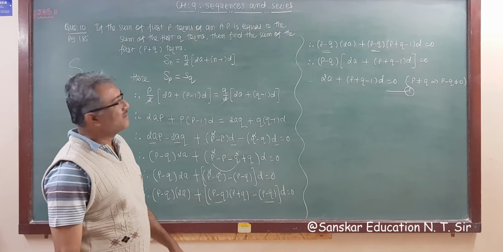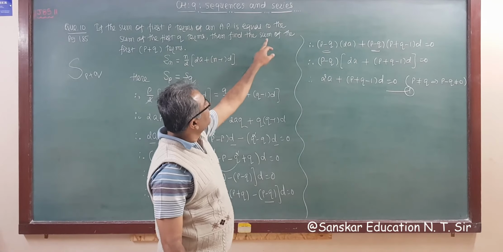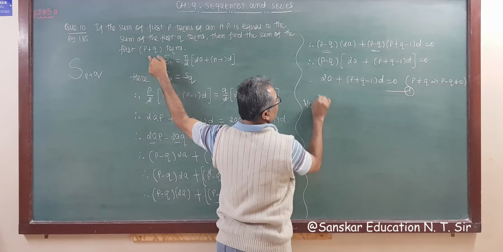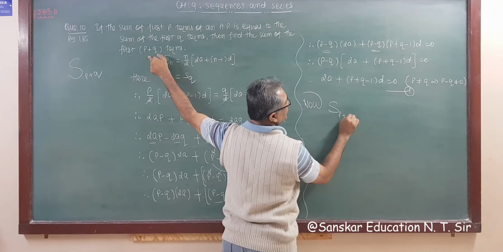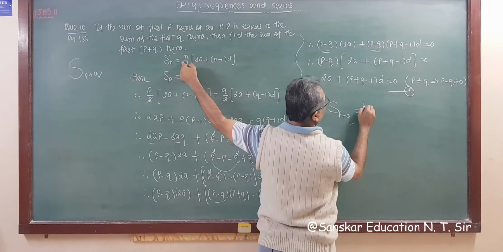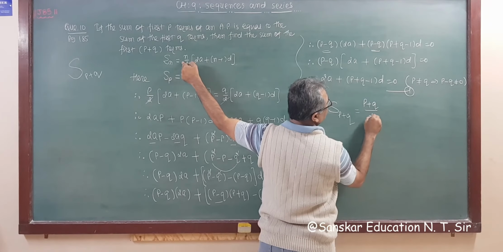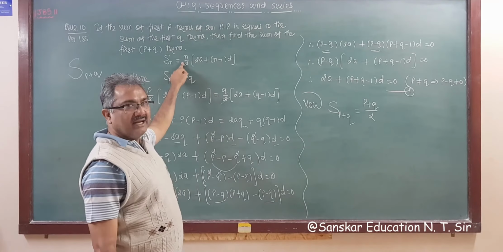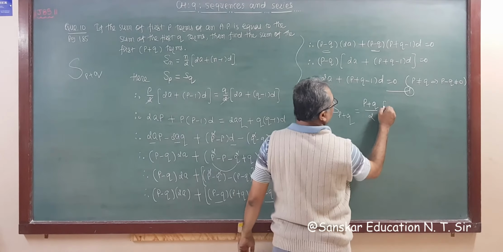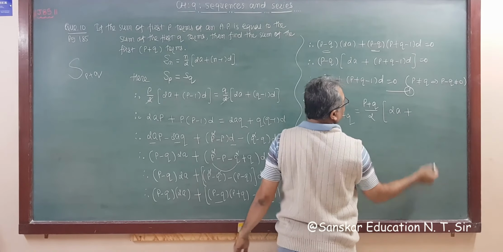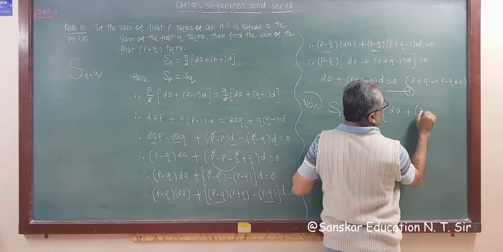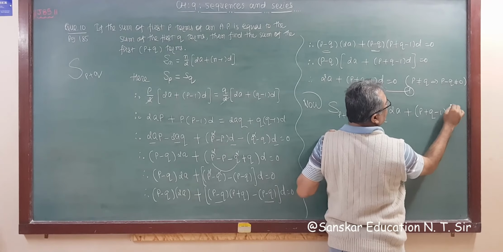Now what is our target? Our question was क्या था? Sum of the first p plus q terms. So sum of first p plus q terms is Sp plus q. Substituting here, instead of n we substitute p plus q, so we get p plus q by 2. In bracket, twice a plus n minus 1, n is p plus q, so p plus q minus 1 into d.